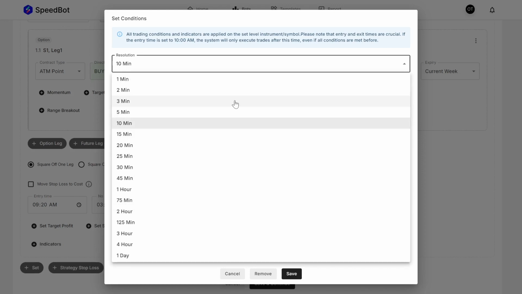So based on your risk profile and trading profile, you can define whatever time frame you need. It could be for scalping, swing trading or positional trading. So based on your profile, you can select the time frame from your end.